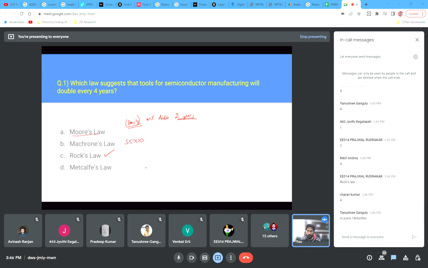I hope this is the right figure. Yes, Tanushree, in every 18 months, that was the correction. Now the law says that your favorite computer that you want currently would cost $5,000. Is this true? I want you guys to type in your favorite laptop or system and its price. Let's check the applicability of the law.